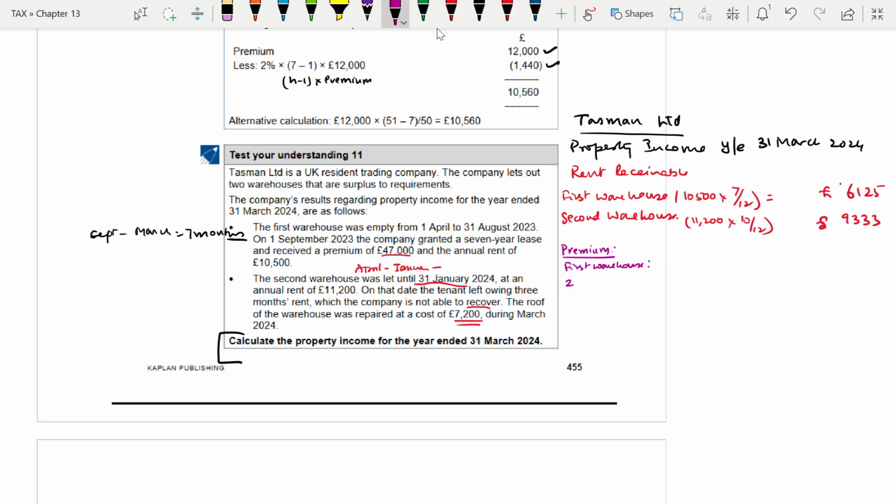How much is that? 2% times 7 minus 1. What is the premium amount? 47,000. First warehouse, premium is 47,000 less the deduction.